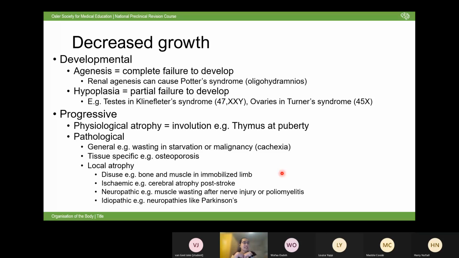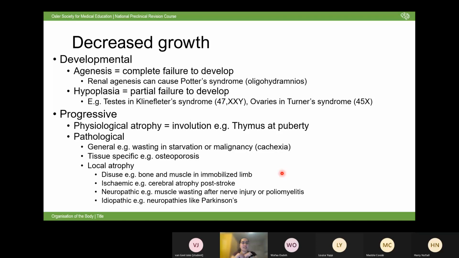Neuropathic is essentially similar to disuse, because if a nerve is injured, the muscle isn't being used because the nerve isn't sending the signal saying, oh, your brain wants you to move this muscle, then that muscle will waste away. And idiopathic essentially is all those neurodegenerative diseases that we don't really understand.